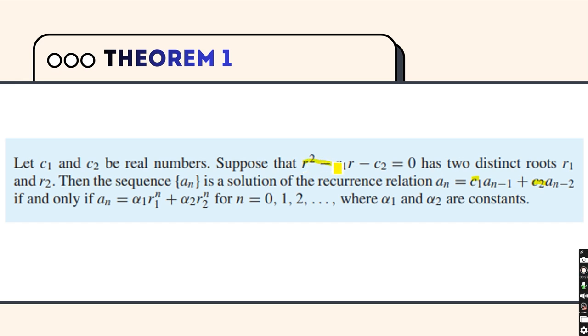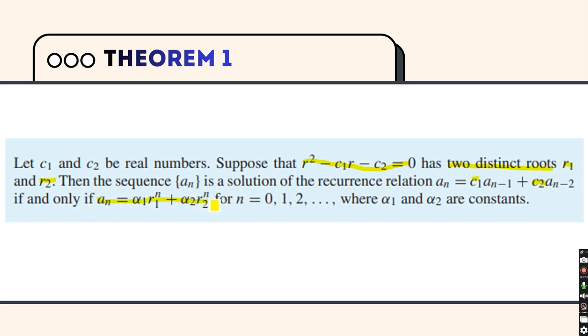If the equation r squared minus c1 r minus c2 equals 0 has two distinct, or different, roots, r1 and r2, then the recurrence relation always produces sequences that look like this.